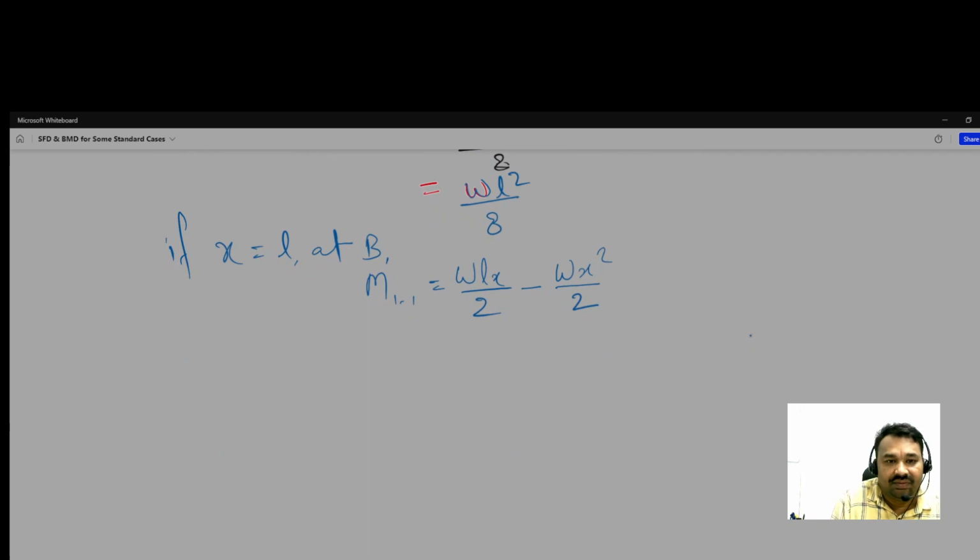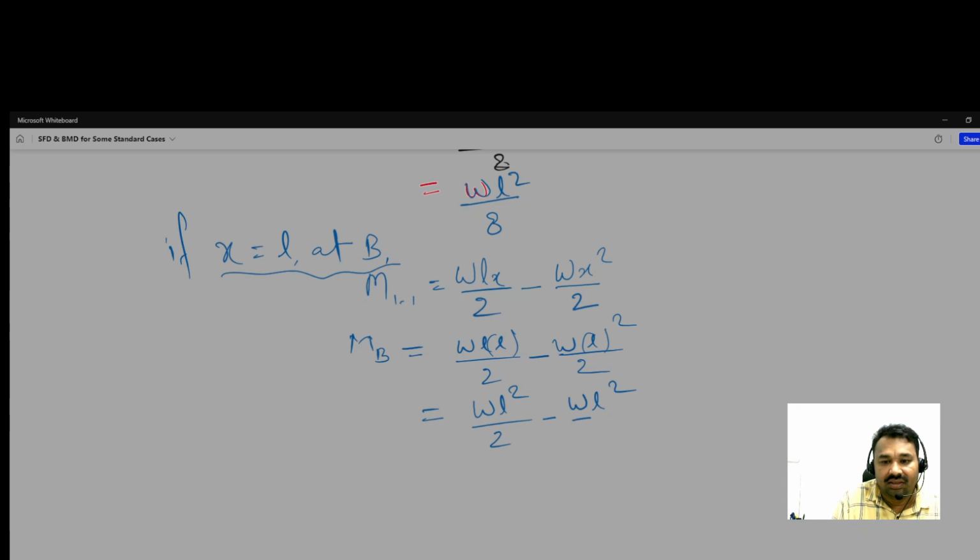So if X is equal to L, then MB is equal to WL multiplied by L, that is WL square divided by 2, minus WL square divided by 2. So we have MB is equal to 0.